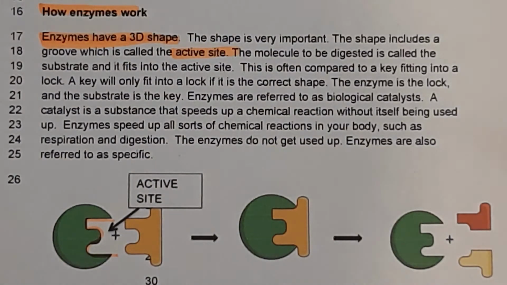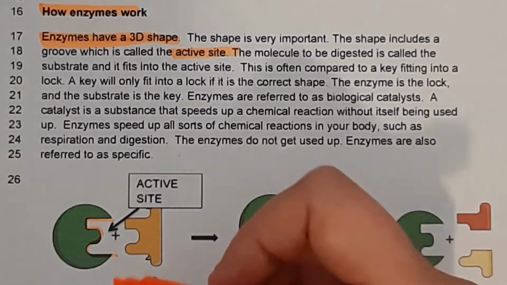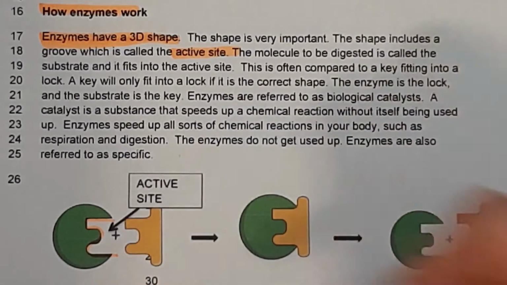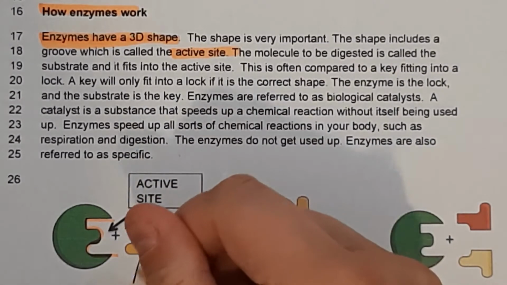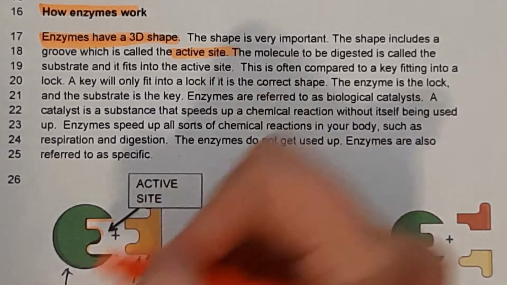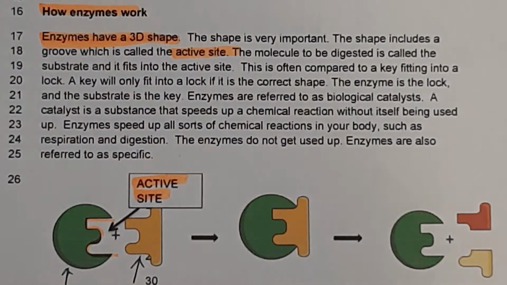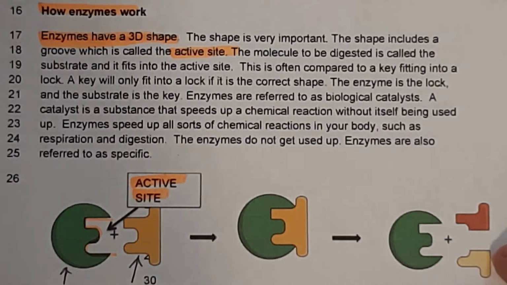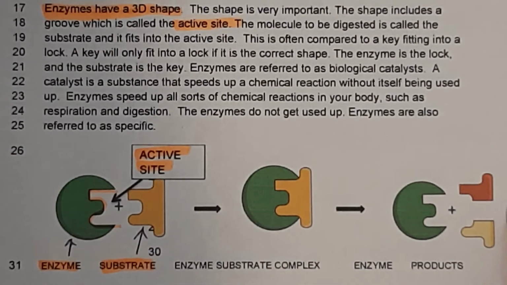That's the active site. And the molecule to be digested is called the substrate, which you can see here. This is the substrate, the yellowy orange molecule. So we've got our enzyme in green, our substrate in yellow, and the active site, which I've highlighted here on our little green enzyme.